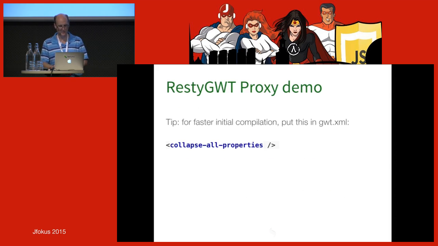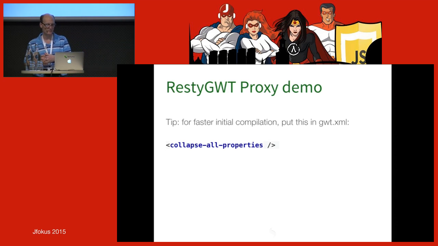I just did this demo, but I do want to point out that collapse all properties is a useful setting if you're writing GWT applications. It should be the default in GWT 2.7, but what it does is GWT normally creates one permutation for each browser that has the JavaScript that's optimized for that browser.